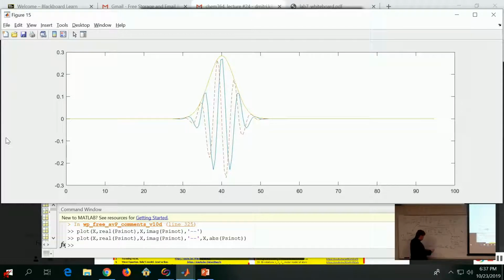Can we multiply this product of two vectors by delta x? It will be absolutely equivalent to integration. Make sense?